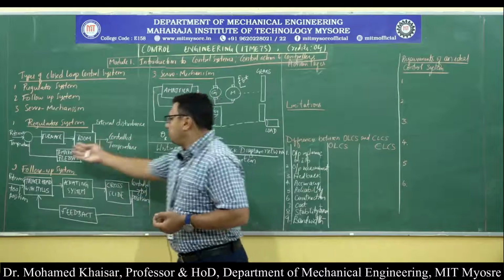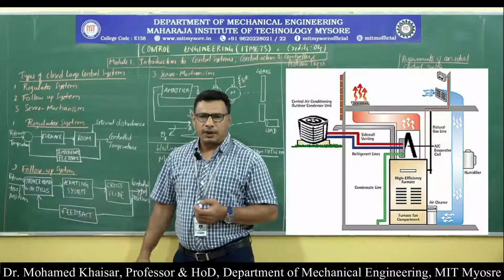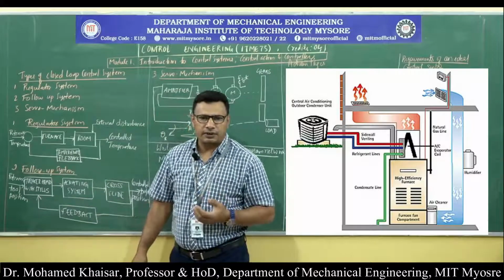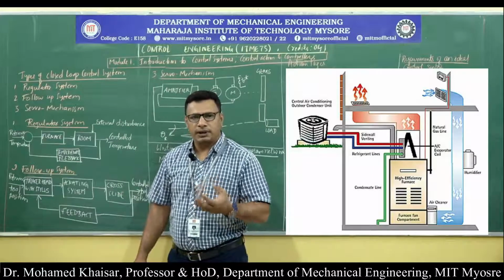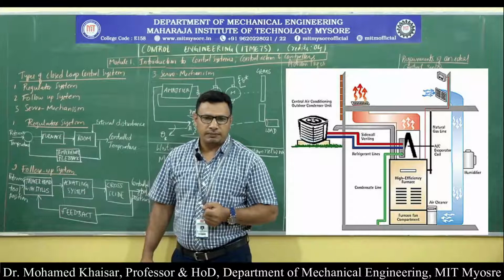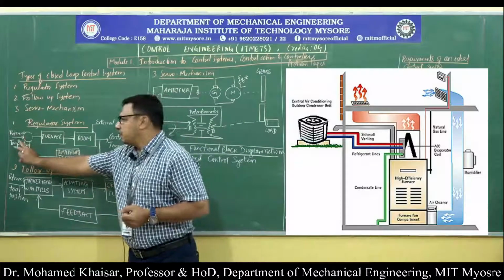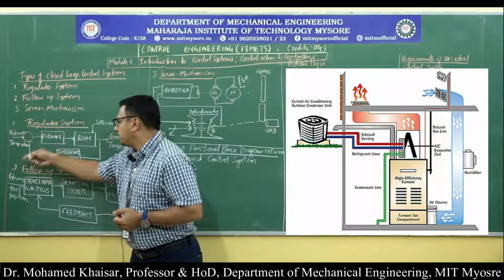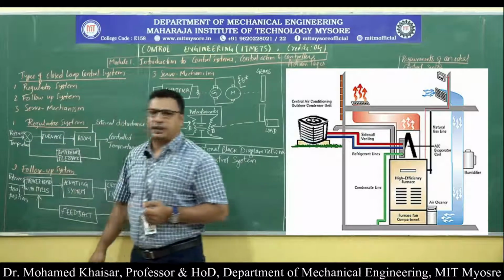So, this is an example, a home heating system. What is the input to the home heating system? It is only the desired temperature. Suppose we want only about 22 degrees centigrade to be maintained as the room temperature. Then we feed that to the system and there will be a thermostat, which acts as the controller.